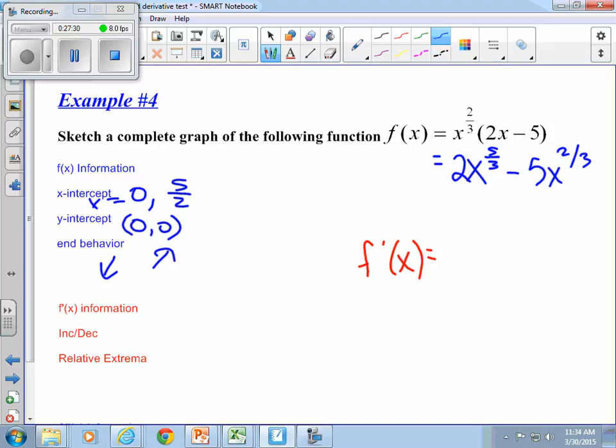Why would I want to do that? I just do calculus. Probably easier to use your algebra skills to make your calculus easier. So 10/3 x to the 2/3 minus 10/3 x.